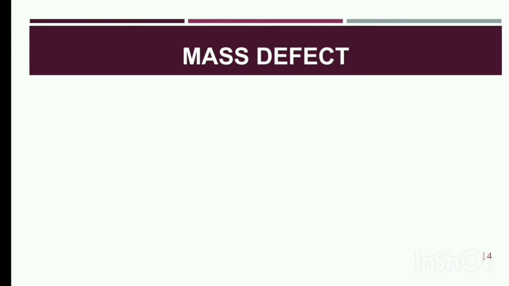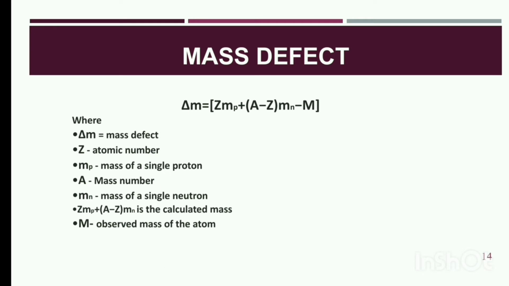We also have an equation for mass defect: delta M = [ZMp + (A - Z)Mn] - M, where delta M is the mass defect, Z is the atomic number, Mp is the mass of a single proton, A is the mass number, and Mn is the mass of a single neutron. A - Z gives us the total number of neutrons. So ZMp + (A - Z)Mn is the calculated mass and M is the observed mass.